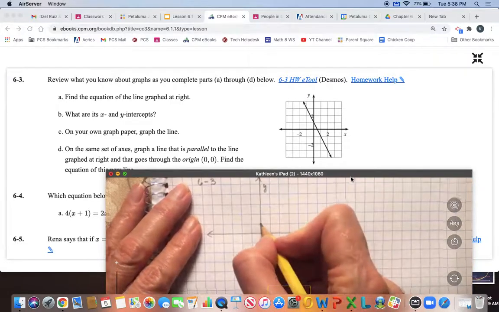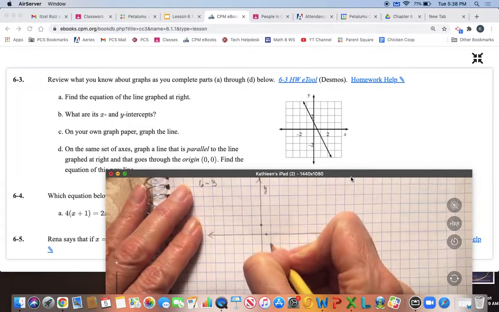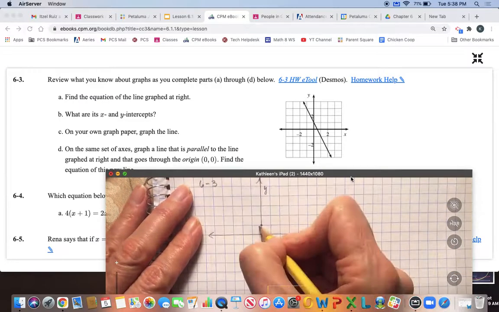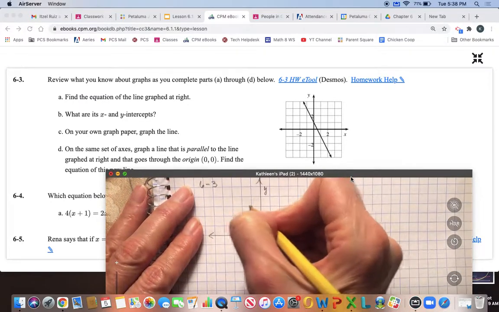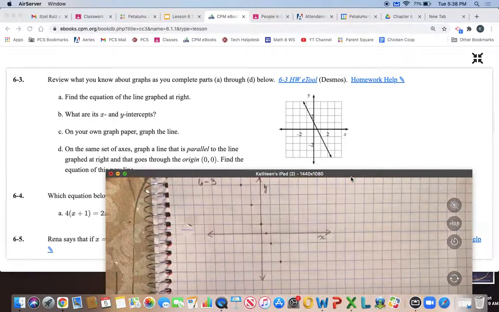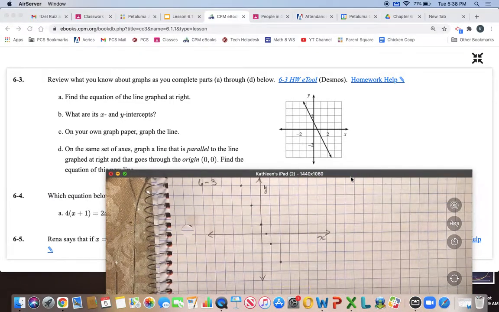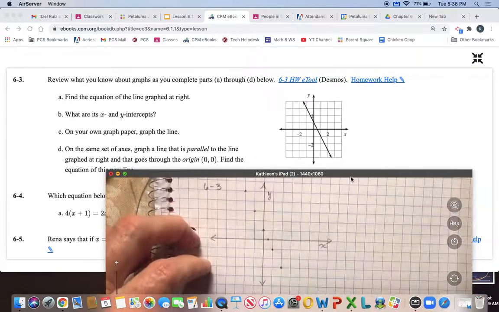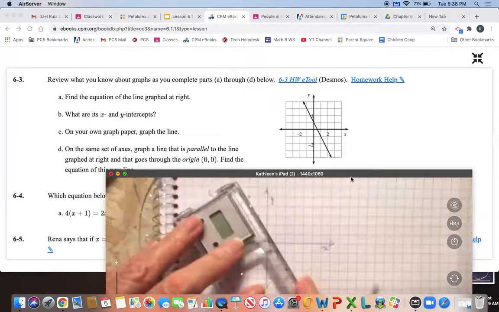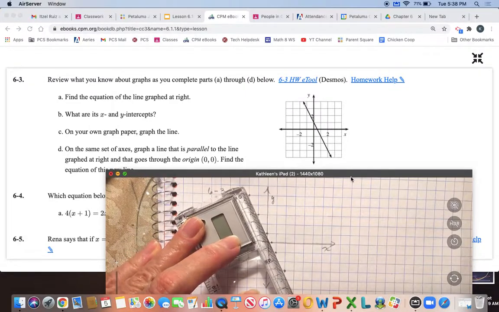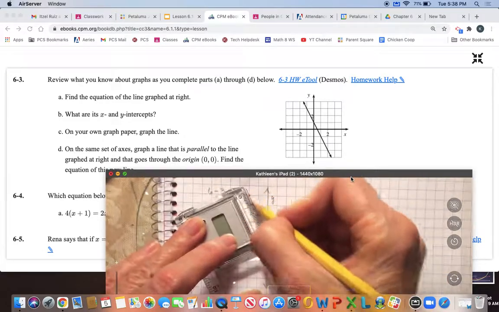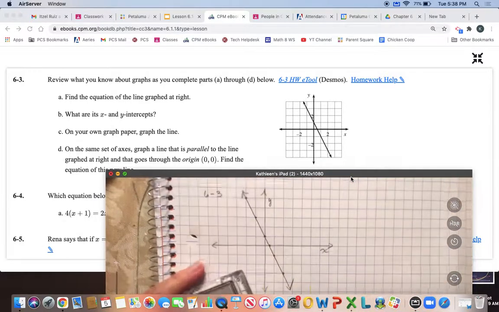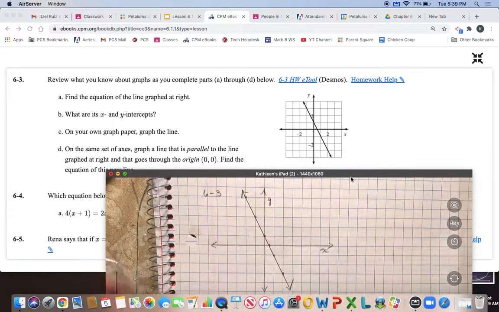And we also know that the slope is -2, so I can put another point there, over 1, down 2, and we can go in the opposite direction. All right, so now I can draw a line with a ruler, hopefully. Okay, so there's our original line. And so now we've done C.